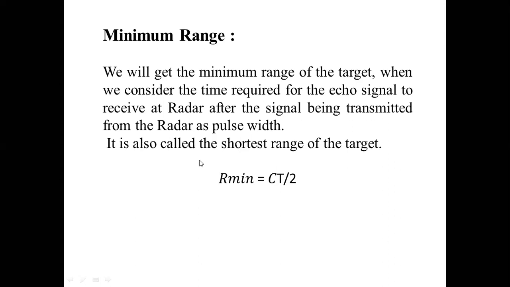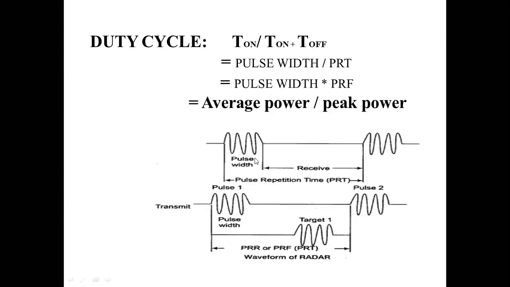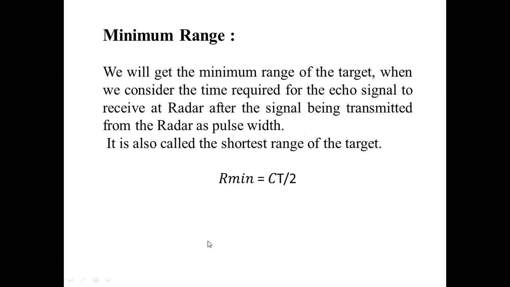That means if you are transmitting the signal within the pulse width, and within that instantaneous time we get the echo signal, that range we can call the minimum range. So it is called the shortest range of the target. R minimum equals C tau by 2.